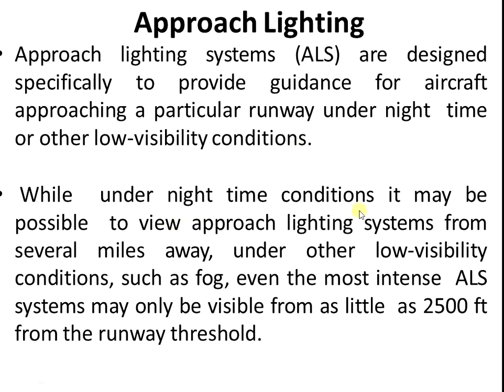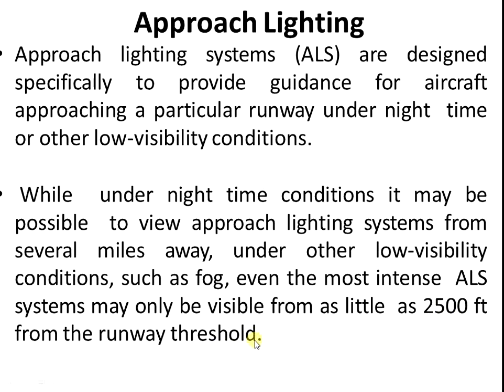Under night time conditions, it may be possible to view the approach lighting system from several miles away. Under other low visibility conditions such as fog, even the most intense ALS, the approach light system, may only be visible from as little as 2,500 feet from the runway threshold.